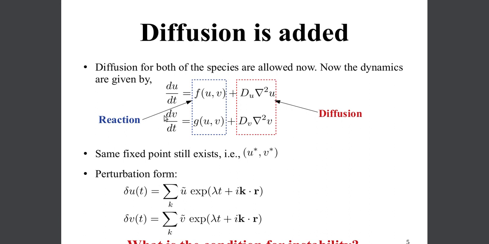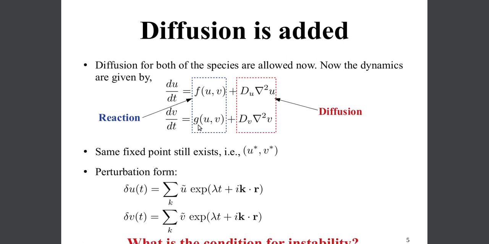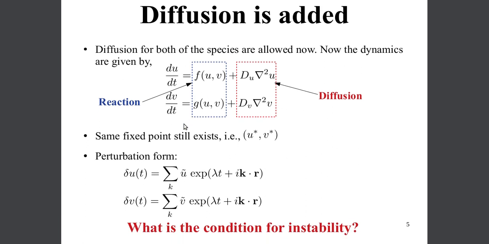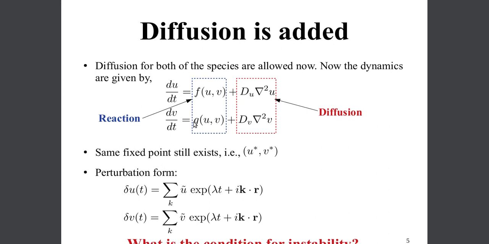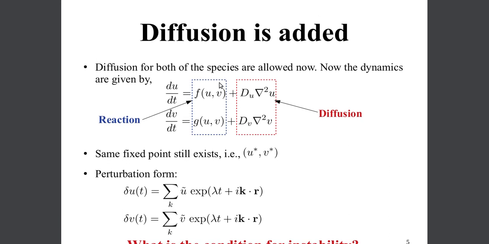And now you can easily see that if we had a uniform spatial solution, u star and v star, that is also a fixed point for this reaction diffusion system, because u star and v star have no spatial dependence. If you put it here, it will be 0, because it was the fixed point for the system without diffusion.